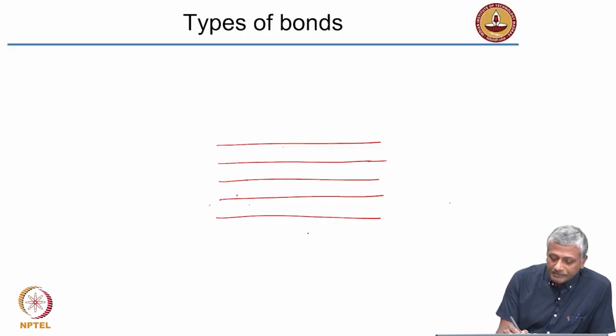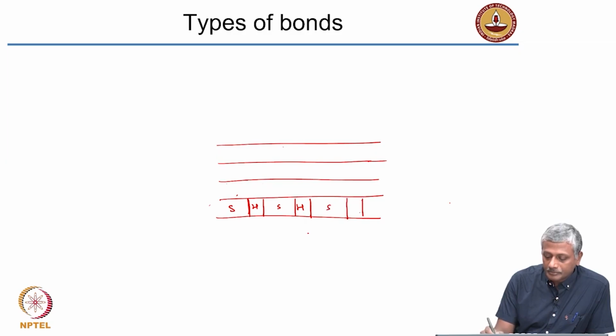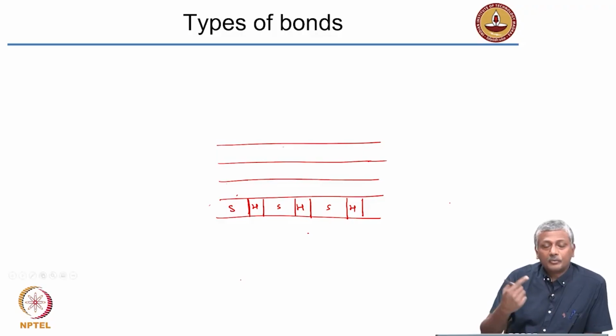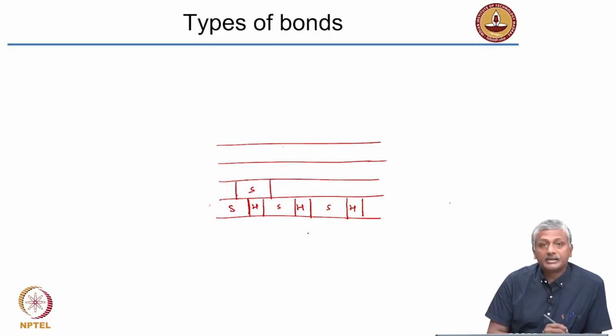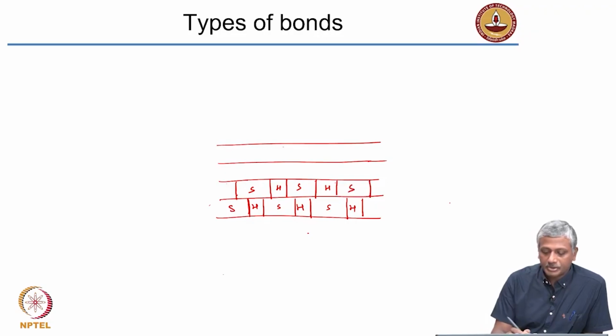So let's say I have a stretcher here, my first brick is a stretcher, this is followed by a header, then I have a stretcher, then again a header, then stretcher, header, and so on. Now I need to ensure that my overlap does not happen in the next layer. So I need to have a stretcher exactly on top like that, and that's going to be a header, that's a stretcher, header, stretcher, and so on.